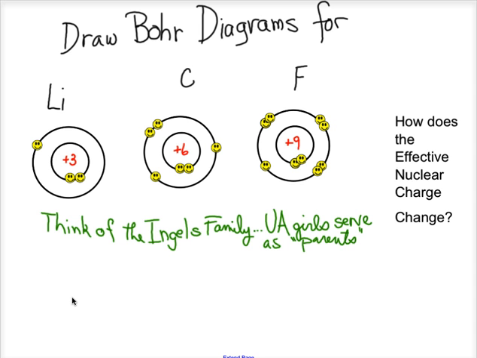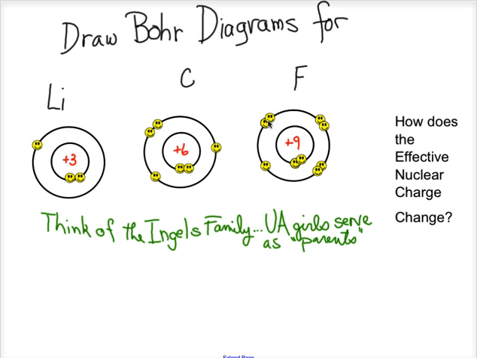So, effectively, the pull on this outer electron, with the same core and 1 electron versus 6 versus 9, it is as if the magnet, meaning the protons in the nucleus, is more powerful.